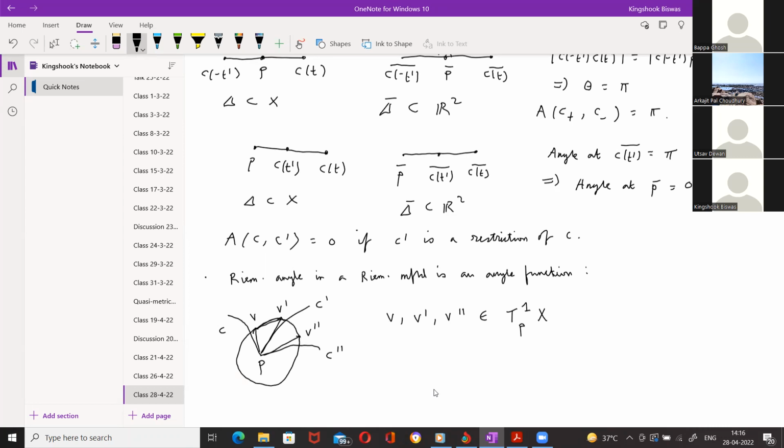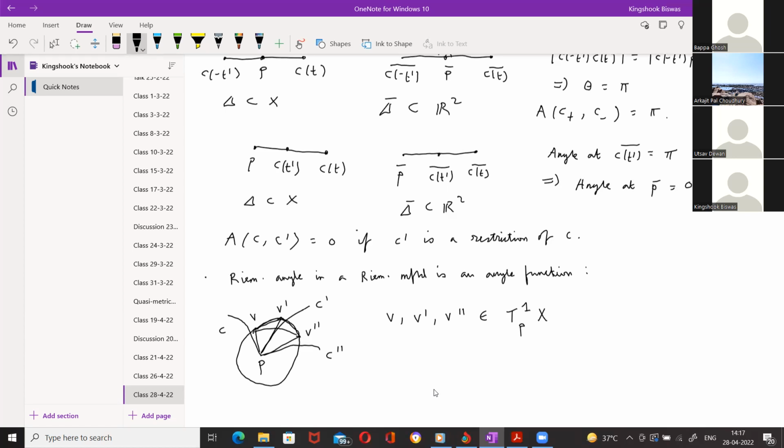So this arc length here is less than or equal to the sum of these two arc lengths, because this is a geodesic. So it's less than or equal to this length plus this length, because this is the shortest length path, right?